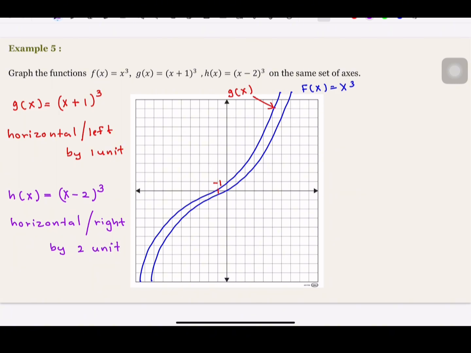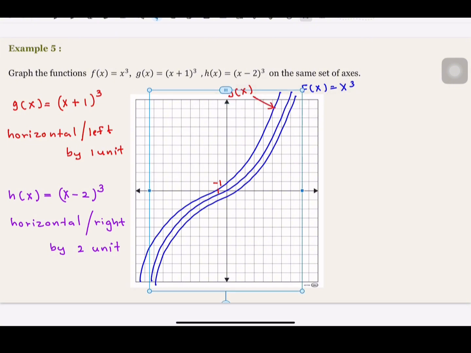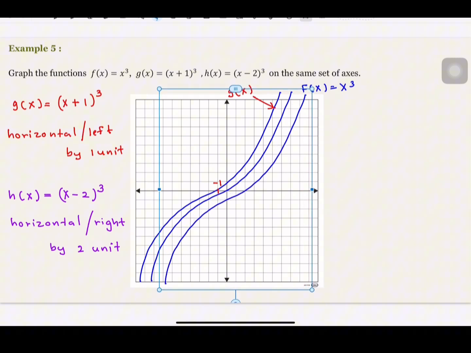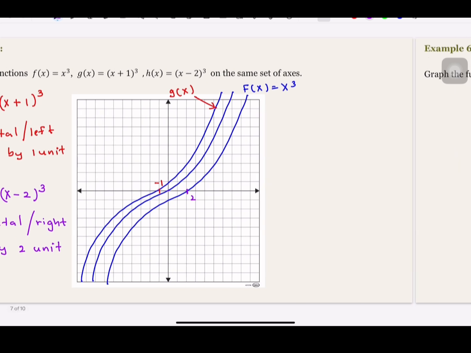So again, I'm going to take my parent function and copy this down, and move this 2 units to the right, which is over here. Here I moved my origin 2 units to the right. That is example number 5.